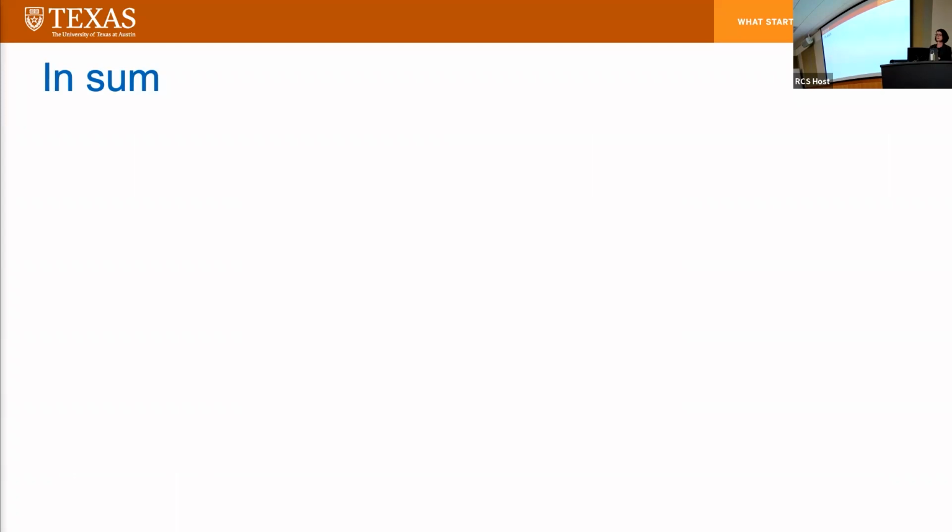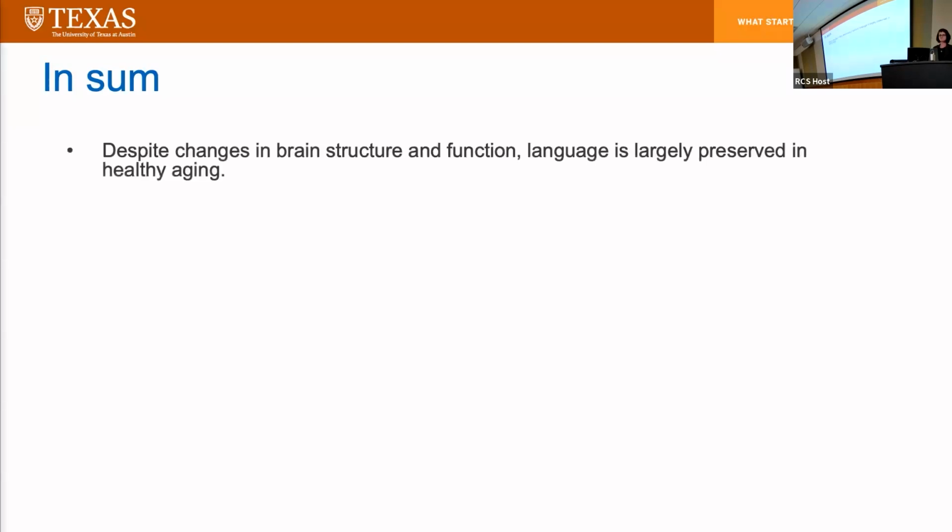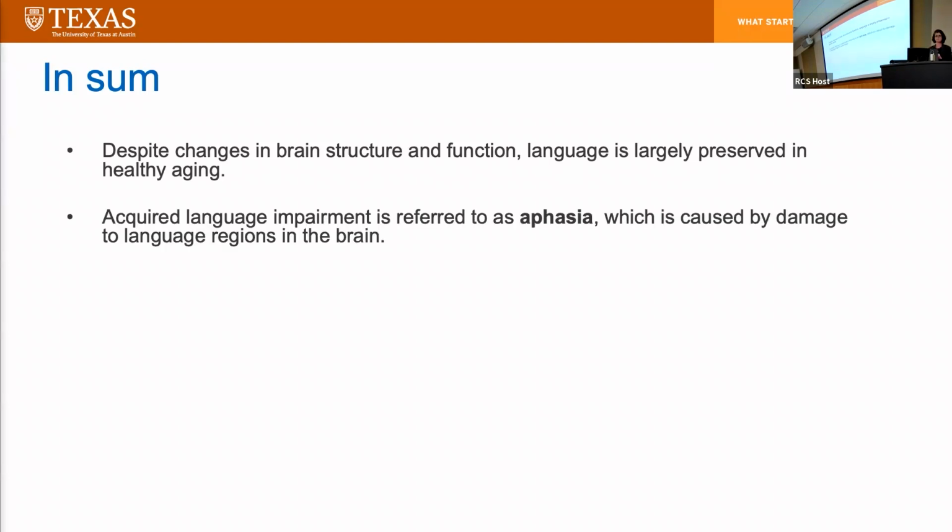Okay, I'm going to summarize really quickly, and then hopefully we have some time for some discussion. So I've shown you that there are changes in brain structure and function with aging, but language seems to be kind of a special case in that it's largely preserved in healthy aging, despite the fact that we do see these structural changes.